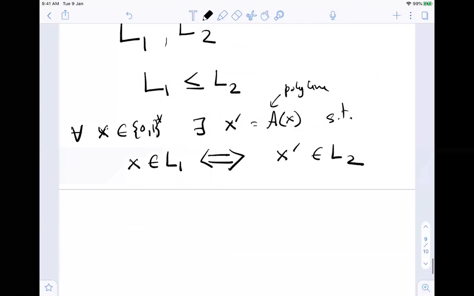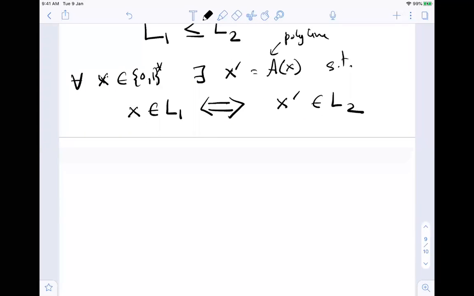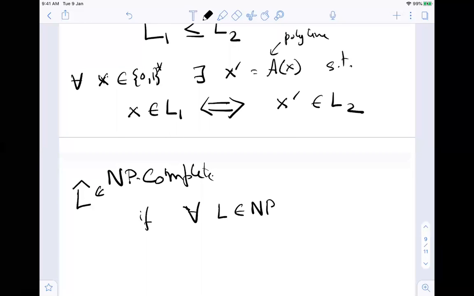Now, in the last class, I told you there is this concept of NP complete. What are the NP complete problems? I said that L hat is an NP complete problem if for all problems L in NP, L is less than or equal to L hat.